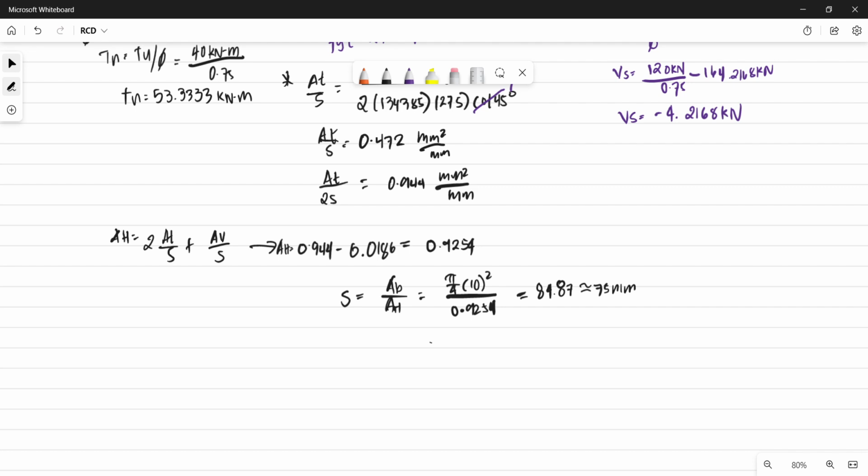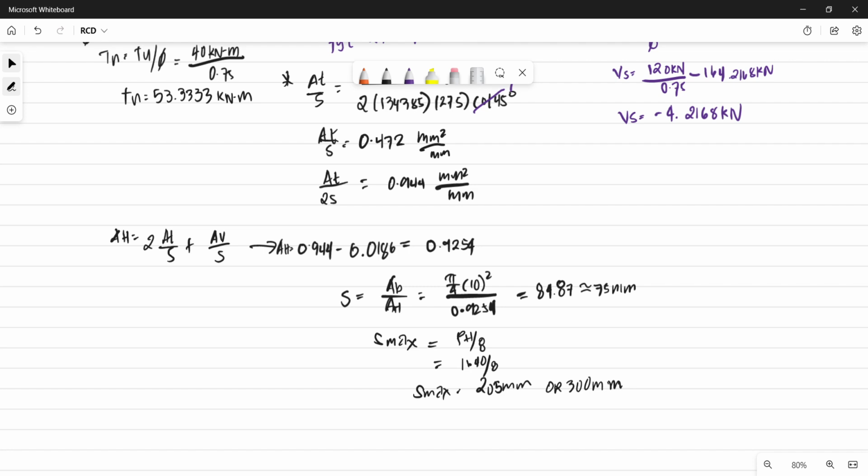So, for S max naman, equal to your ph over 8, then 1640 over 8, S max mo naman is equal to 205 mm or 300 mm.